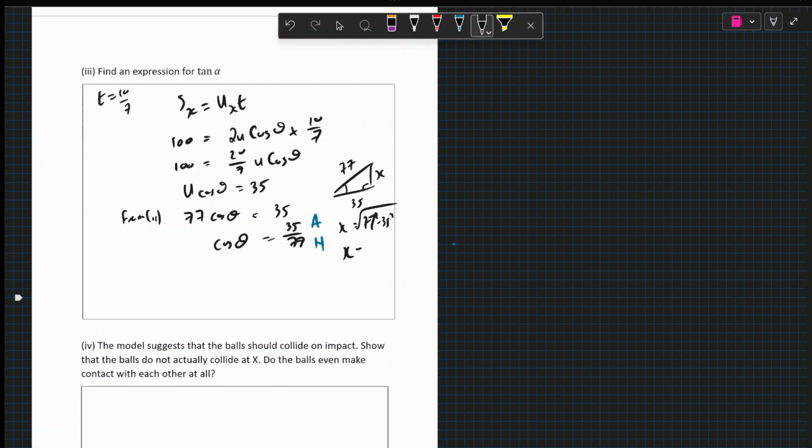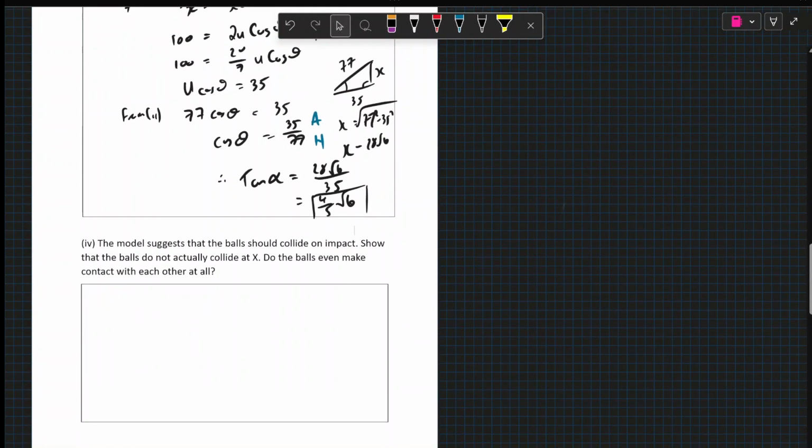So 77 squared minus 35 squared is 28 root 6. So therefore, I don't know, it's actually tan of alpha and not theta. What am I doing? Is the opposite, which is this. So that's actually 28 root 6 over 35, which actually works really nicely as 4/5 square root of 6. So that's an expression for tan alpha.